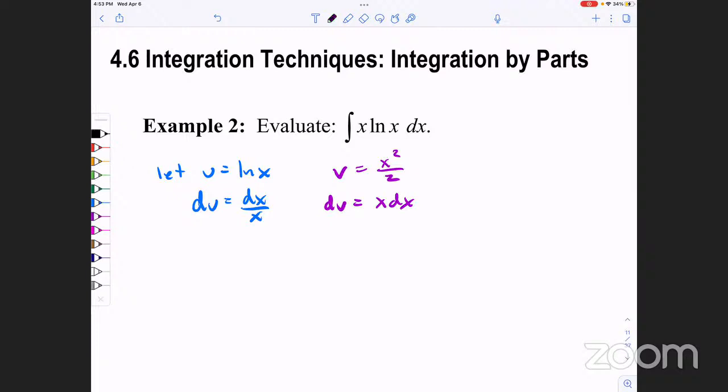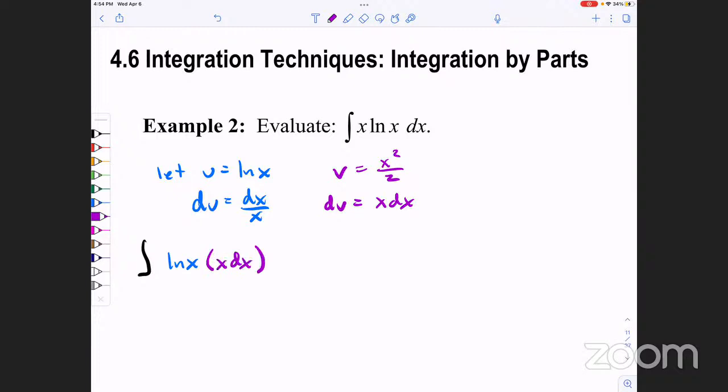Okay, now if we make these substitutions, so we have the integral of our u. Let's see what's a more simple way to write this. So we have this natural log of x times what? x dx, right?